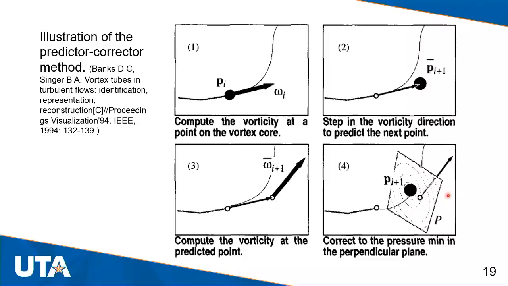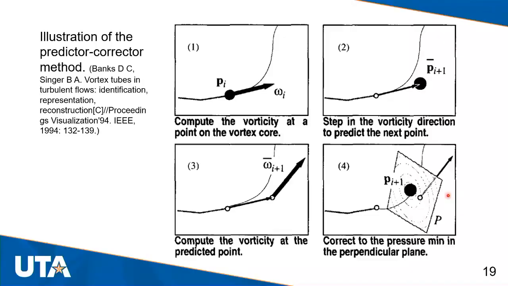So what they do is, we have a point on the center, and we find its next point, p i plus 1. They use the vorticity direction, but we use the Liutex direction.